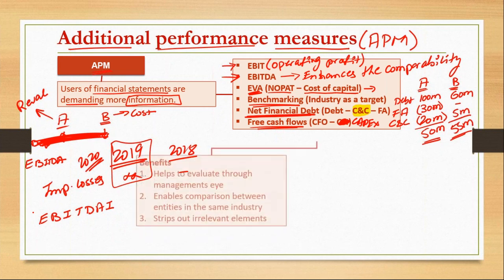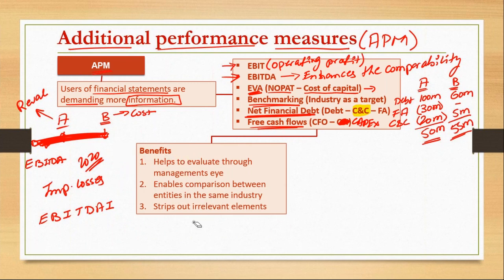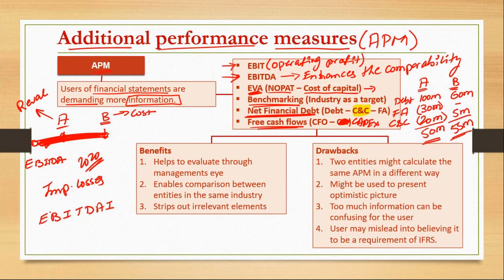Okay, so let's move further. Now, what are the benefits of using APMs, and similarly, what are the disadvantages of using APMs? FA means financial asset, Mohammed Siddiq. The benefits are that they help to evaluate through the management's eyes, because these are ratios which the management usually calculates on its own.